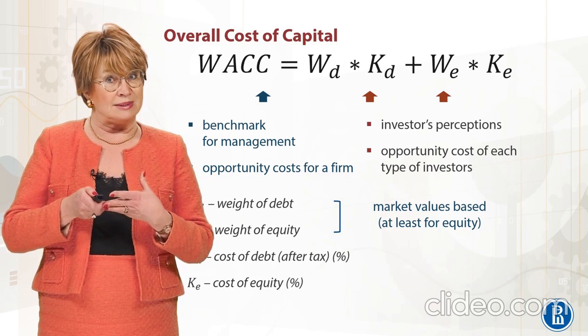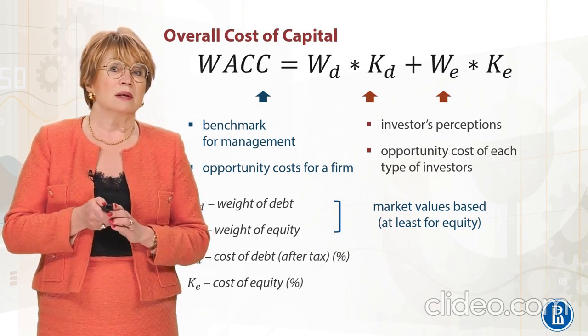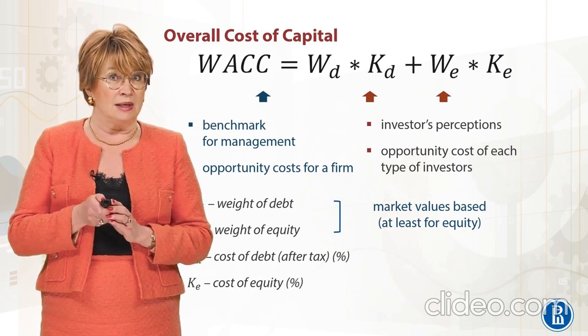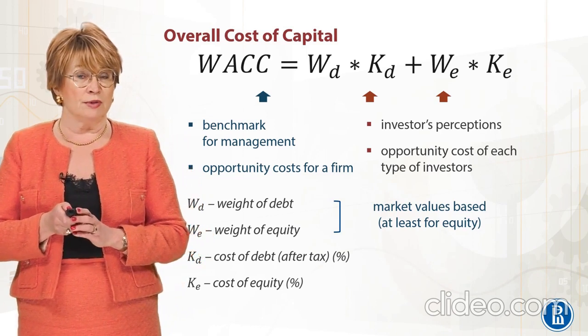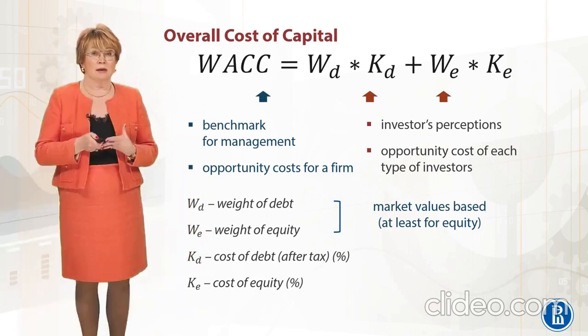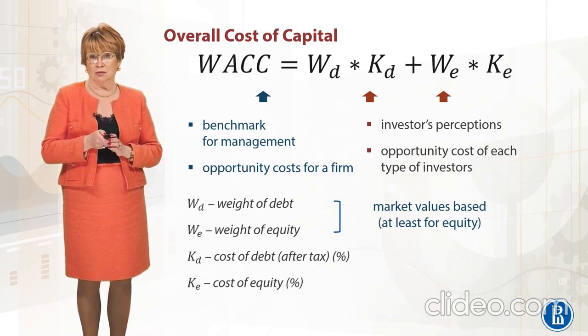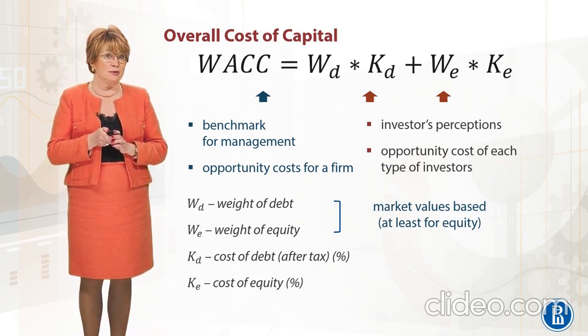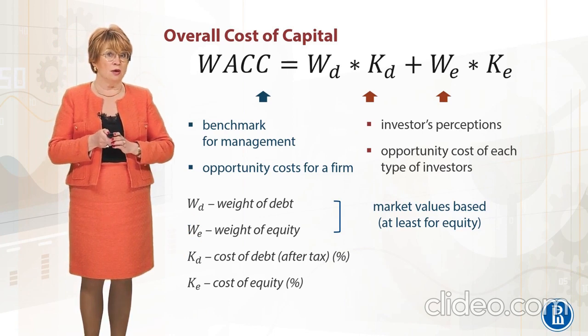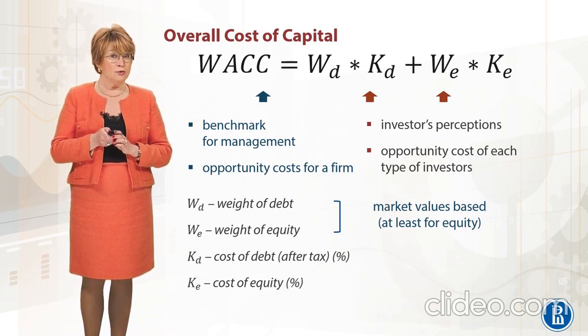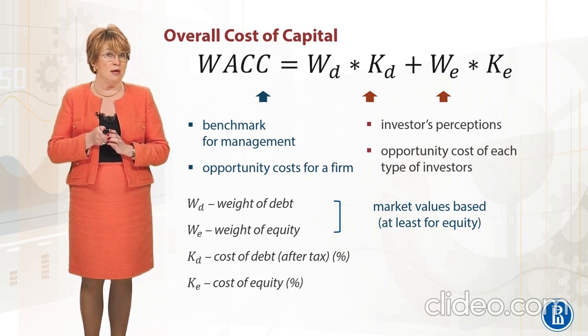K with the symbol D stands for the cost of debt, which is a description of the level of the required return to compensate the risk for debt holders. And K with the symbol E is for the cost of equity. Those are opportunity costs of each type of investor. They may invest in the market with these particular expected rates of return.